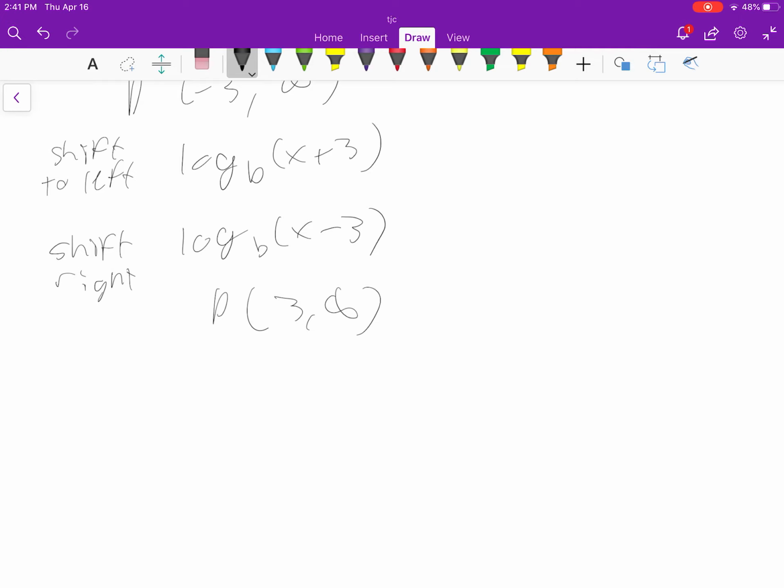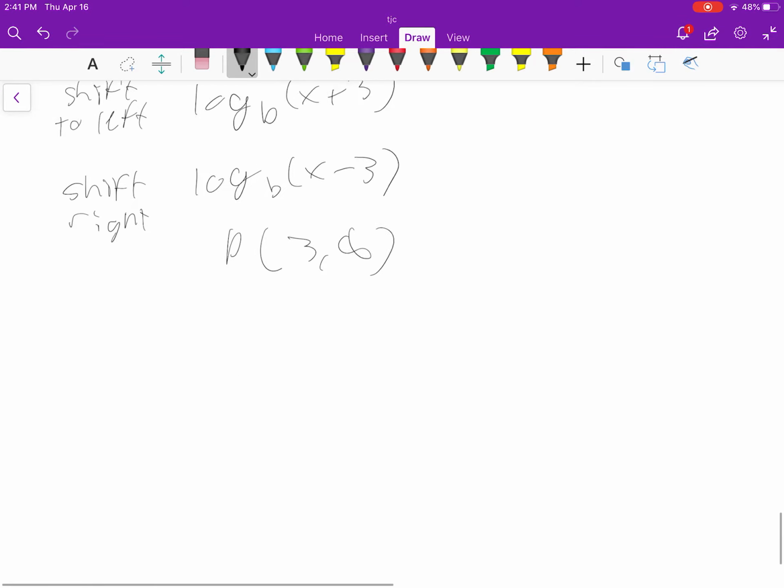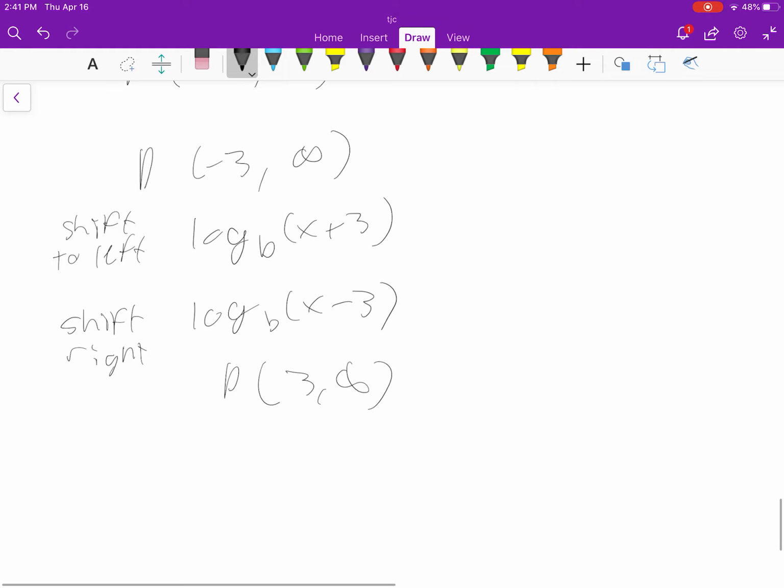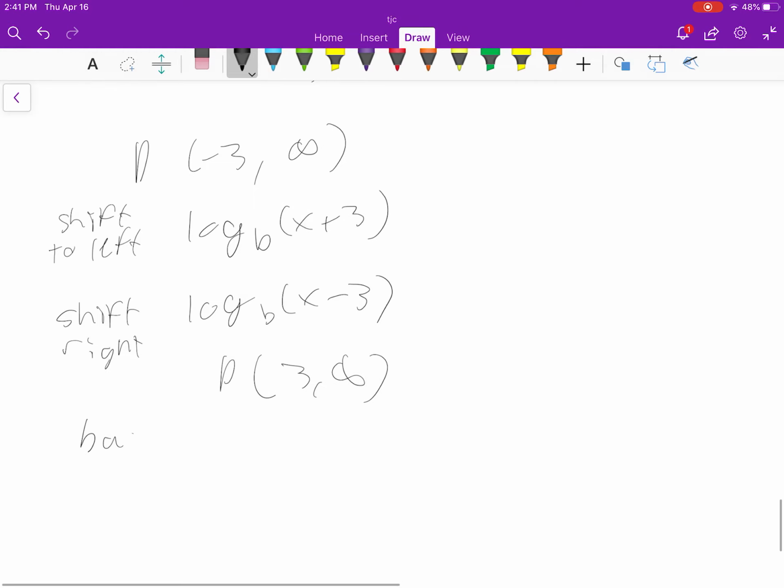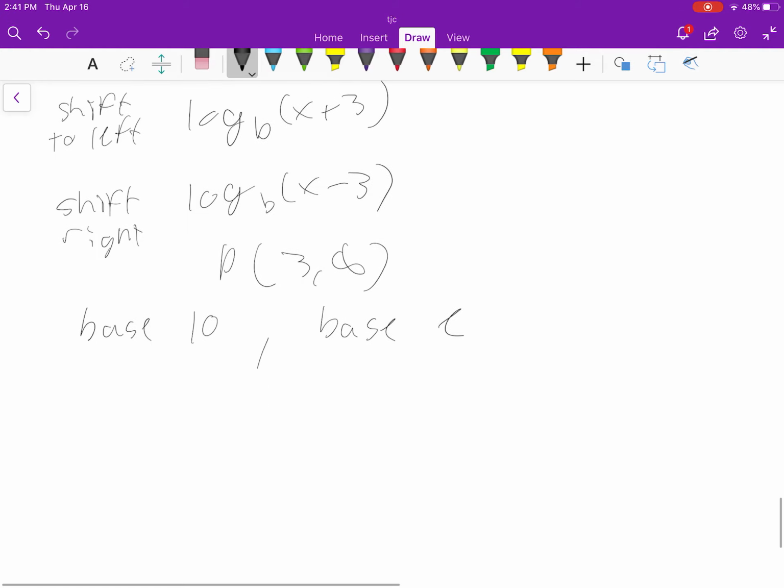So let's move on. We're typically looking at two bases. We're going to have base 10 and base e. Remember, e is a number.